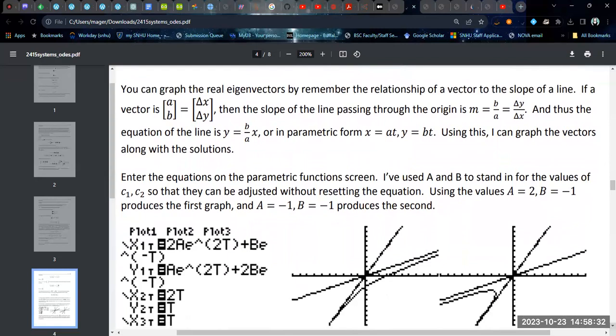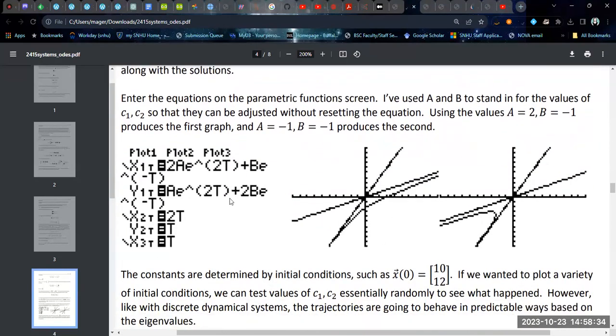So I'm going to plot my two graphs. Now, I left C1 and C2 as specific A's and B's, and I set the values on a separate set of equations on a different screen, so that I could change the values without having to rewrite my whole equation.